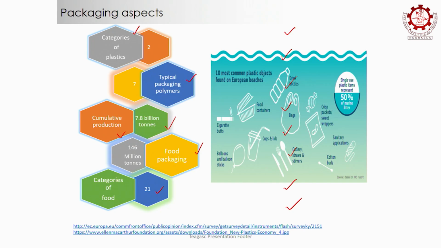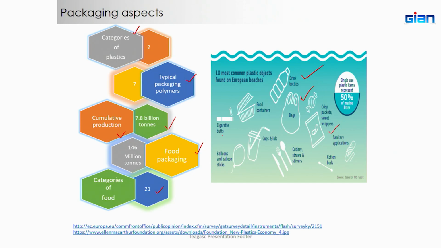Now, the 10 most common plastic objects found on beaches. This is a European beach, but you can see it everywhere. Bottles, that's one. Bags. Crisp or candy packets, toffee and all those packets.